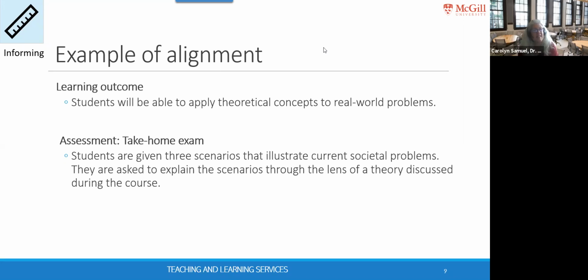I'm not seeing anything in the chat, and I hope it's not because nobody sees an example of alignment.